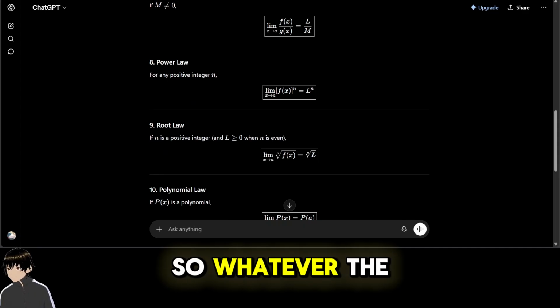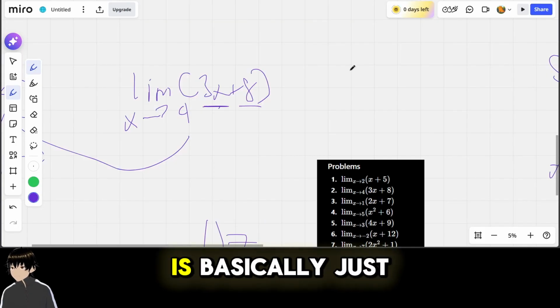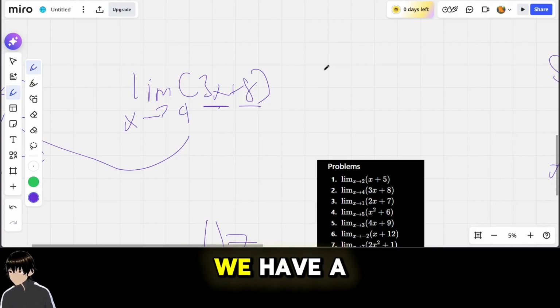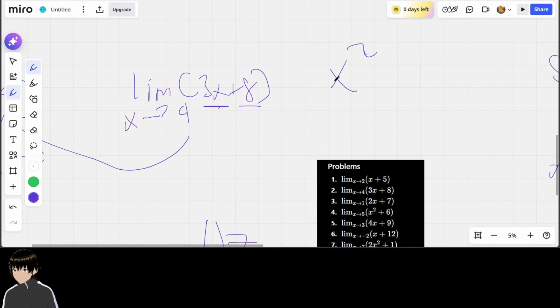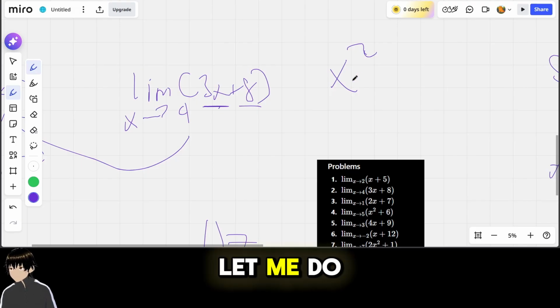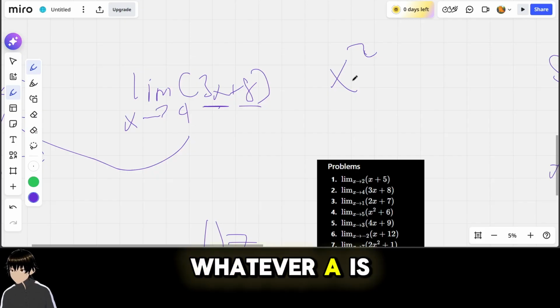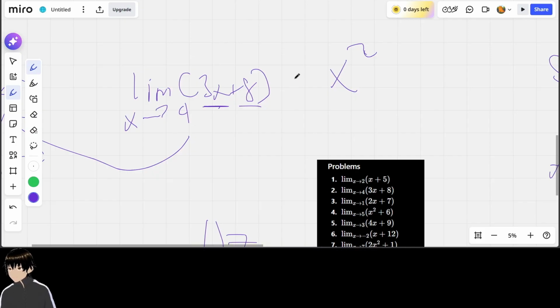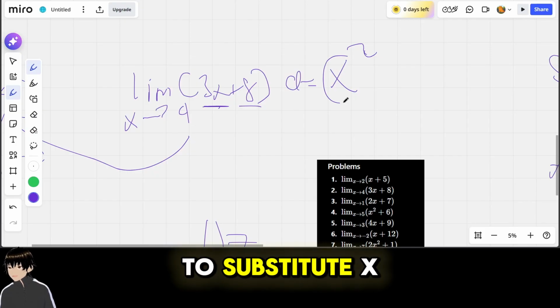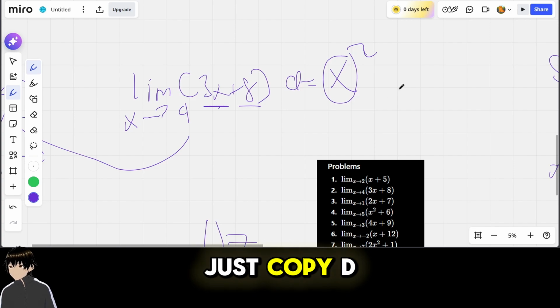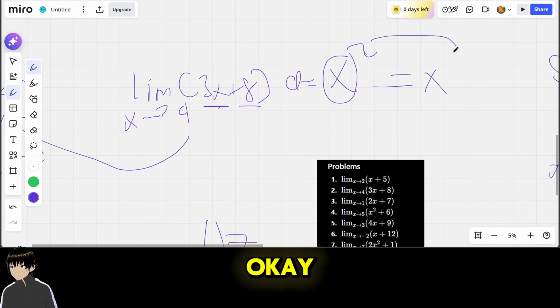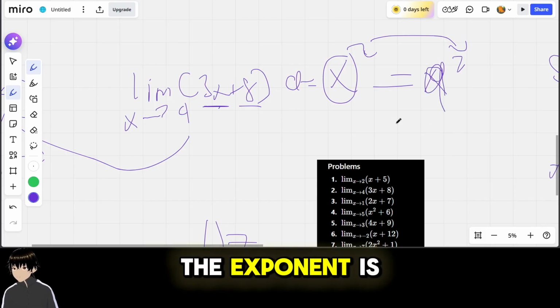The power law is basically just this. Suppose we have the limit of x squared as x approaches a. You just have to substitute x with a. Then once you do that, you just copy the exponent, whatever the exponent is.